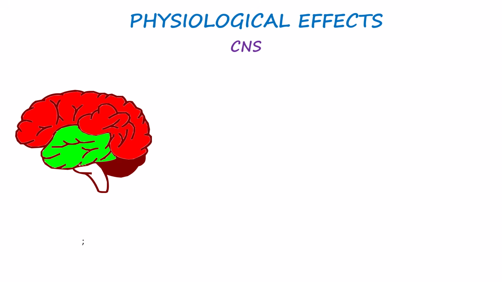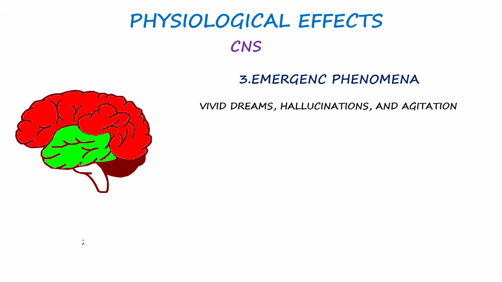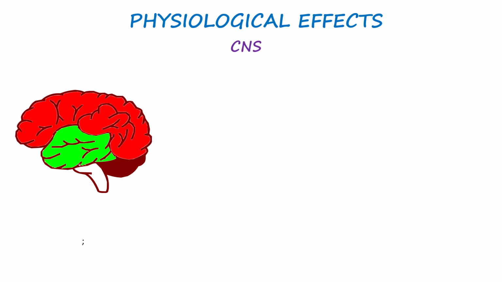Emergence phenomena are common and include vivid dreams, hallucinations, and agitation. These are reduced by benzodiazepines or propofol. Ketamine increases cerebral blood flow, cerebral metabolic rate, and intracranial pressure due to cerebral vasodilation.